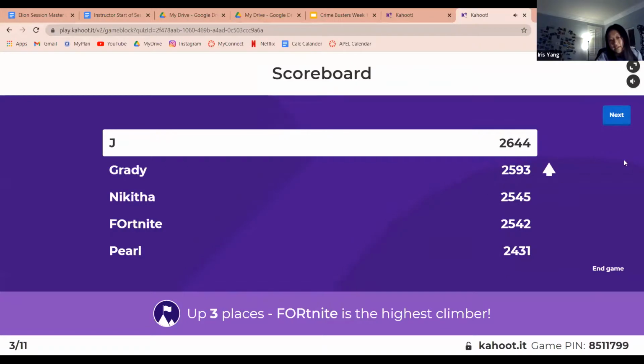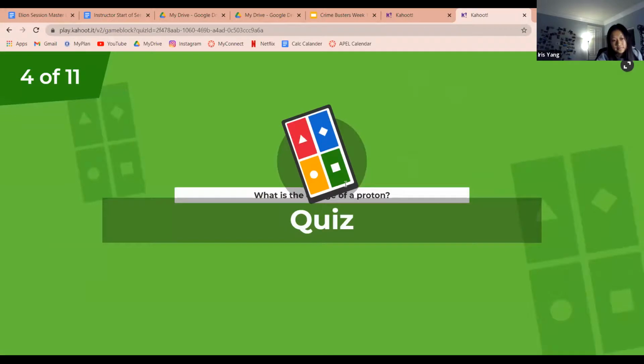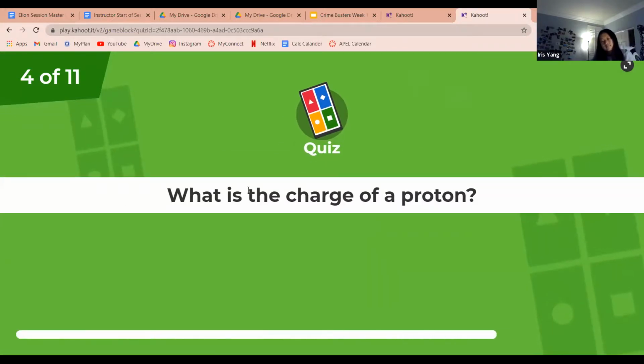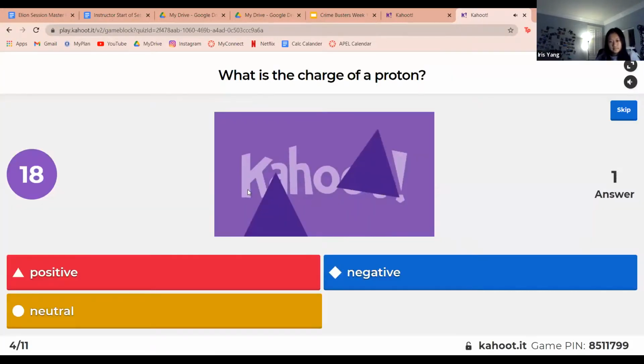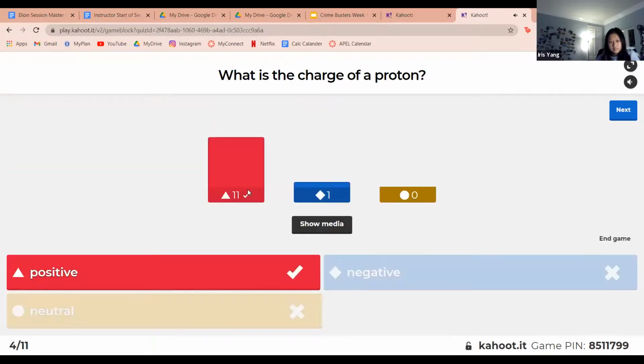Ooh, we have a consistent leader so far. Good job, most of you got it. So proton is positively charged. I like to think of it as proton positive and then neutron neutral. So that's how I remember it.